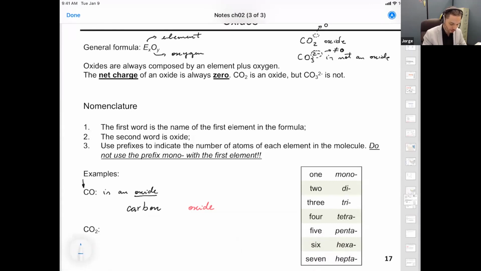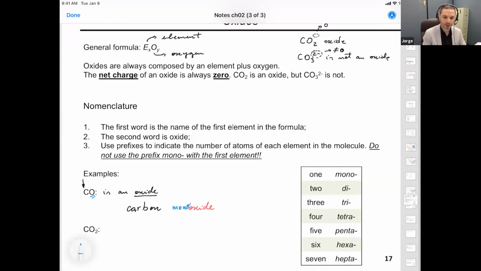We just have one carbon. Therefore, we don't need to use the prefix mono. And we have just one oxygen. Therefore, we have to indicate the number of oxygens, and that's going to be added here before the word oxide.